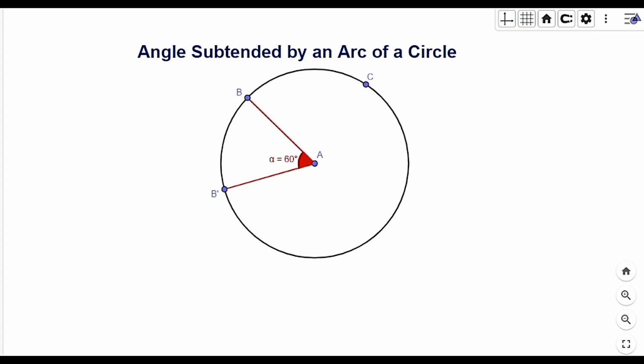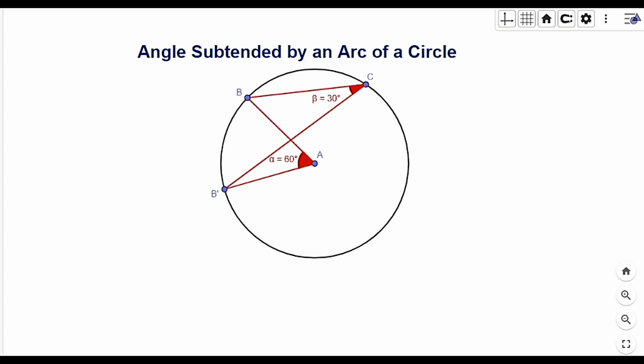Now we join the points B and B dash to this point C, BC and B dash C. Now we measure the angle BCB dash, and we find that the measurement of angle BCB dash is 30 degree.